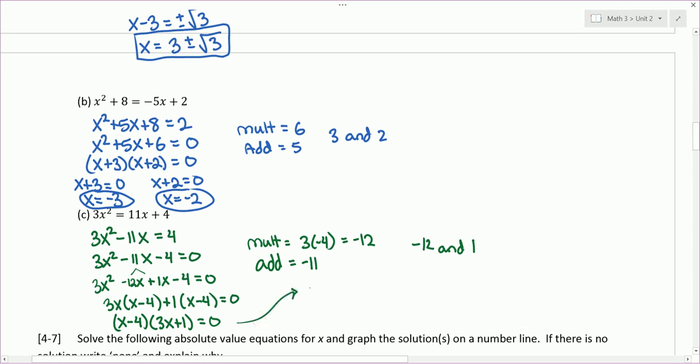Take your factors, x minus 4 and 3x plus 1, and set them equal to 0, and solve for x. And there we have it.